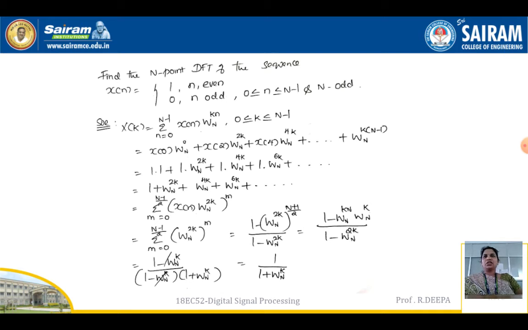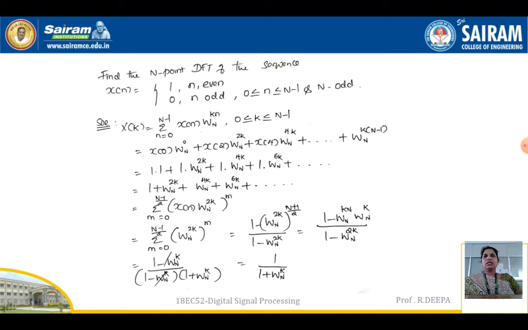What is x(n) given? It is 1 provided small n is an even number. So we will be substituting only the even values of small n, that is 0, 2, 4, 6, 8 and so on, right?